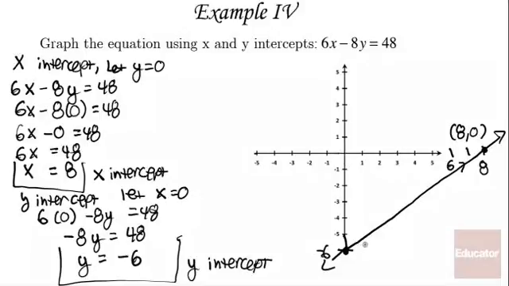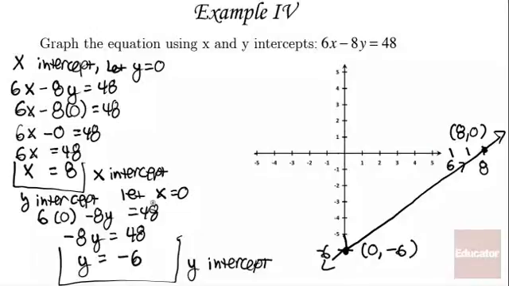The value for the y-intercept is that x is 0 and y is negative 6. So they asked me to graph this equation using x and y-intercepts. I first found the x-intercept by letting y equal 0, substituting 0 for y in the equation, and determining that the x-intercept is 8. I then plotted that on the graph at the point 8, 0.